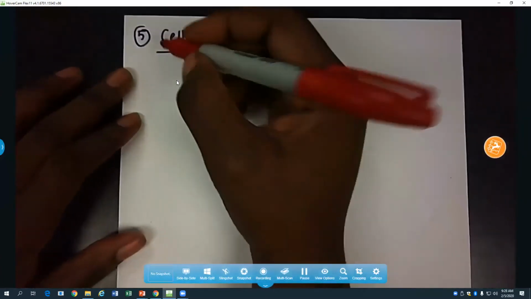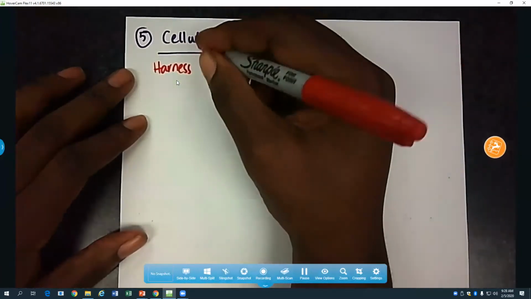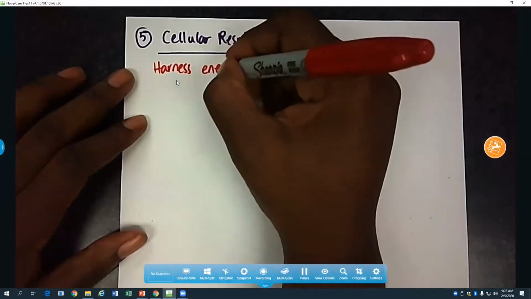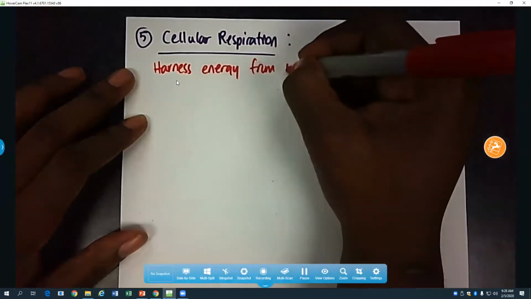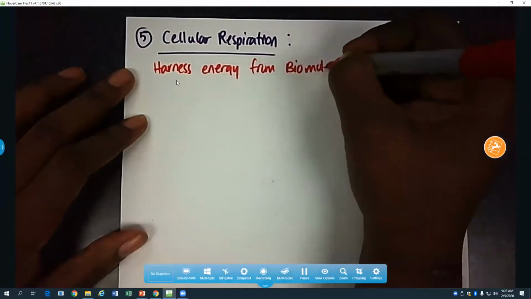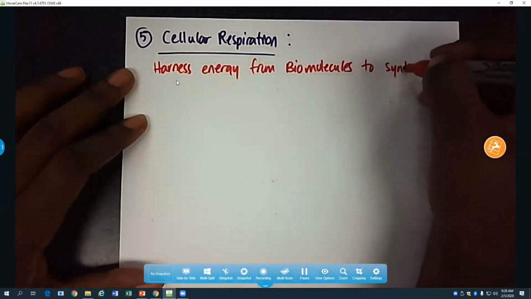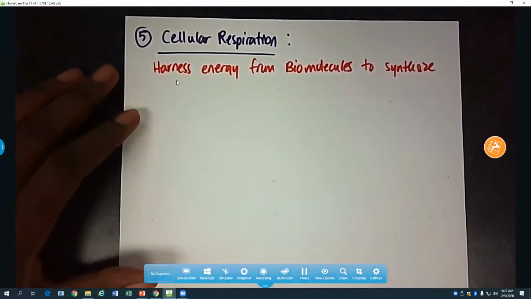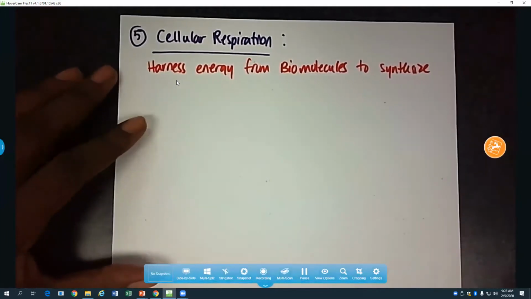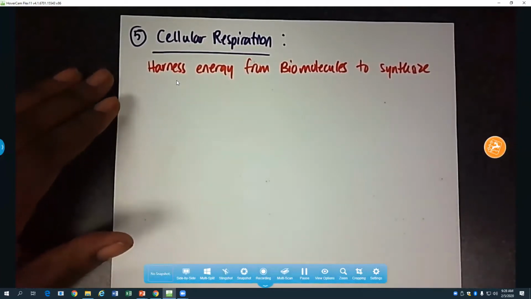So we said this is basically how cells can harness energy from biomolecules to synthesize. What do we synthesize when we break down these biomolecules? Let's have currency in the cell.